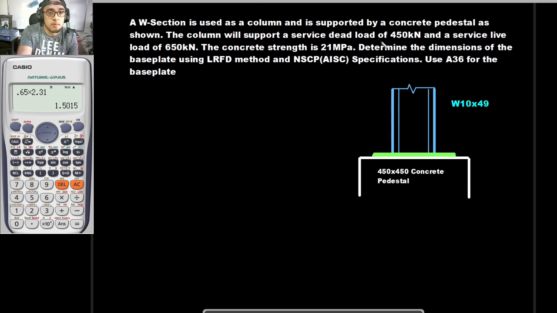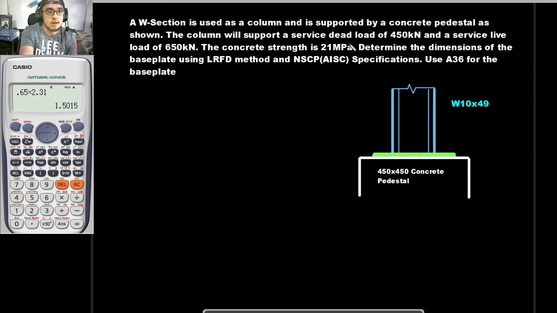So, in this problem, a wide flange, a W section, is used as a column and is supported by a concrete pedestal as shown. So, ito daw yung ating W section and it would be supported by this concrete pedestal. The column will support a service dead load of 450 kilonewtons and a service live load of 650 kilonewtons.